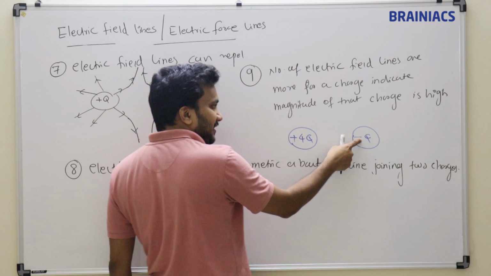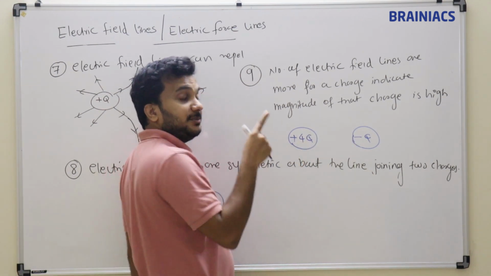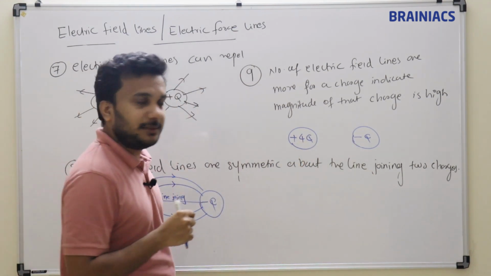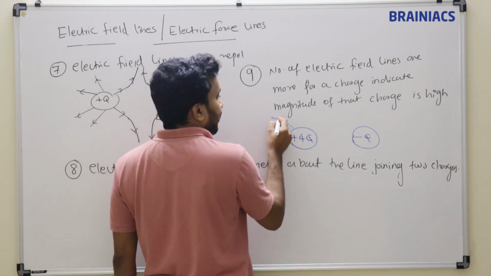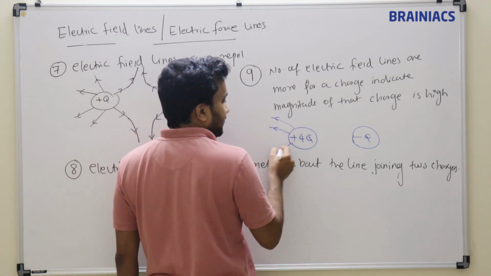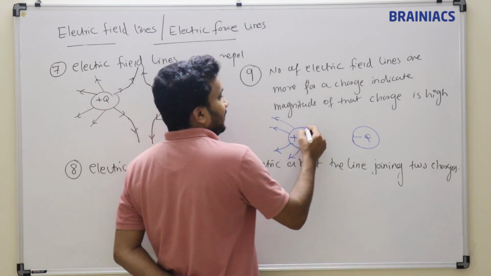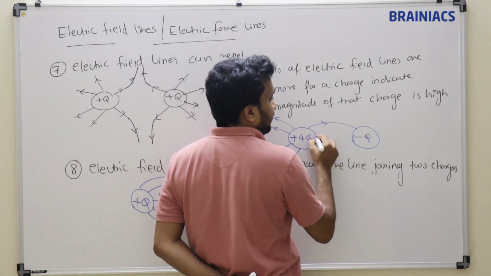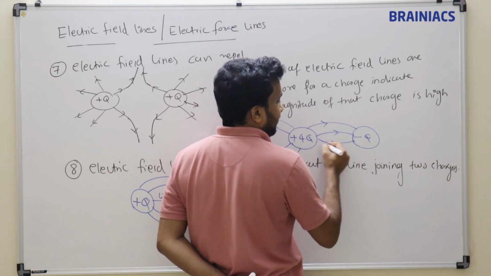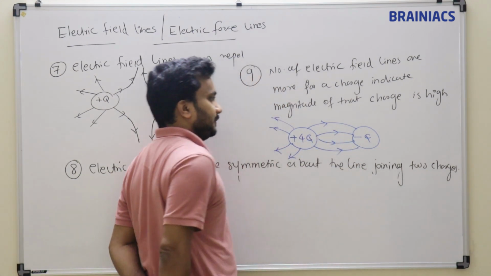But this charge is 4 times higher. Suppose I am drawing 1 line, 2 lines, 3 lines, 4 lines like this. Now here I am drawing 1 line, 2 lines, 3 lines, 4 lines.